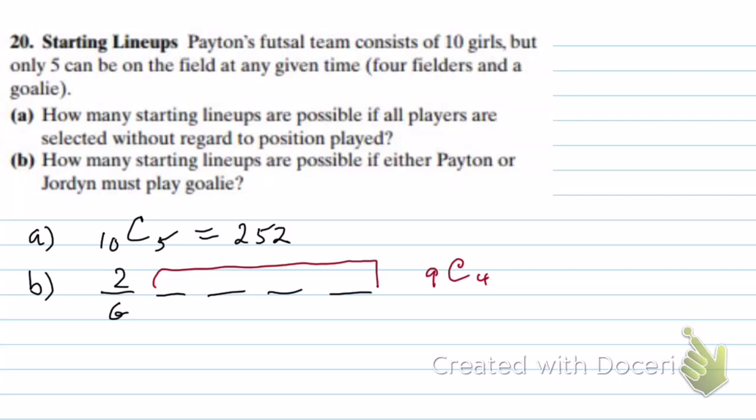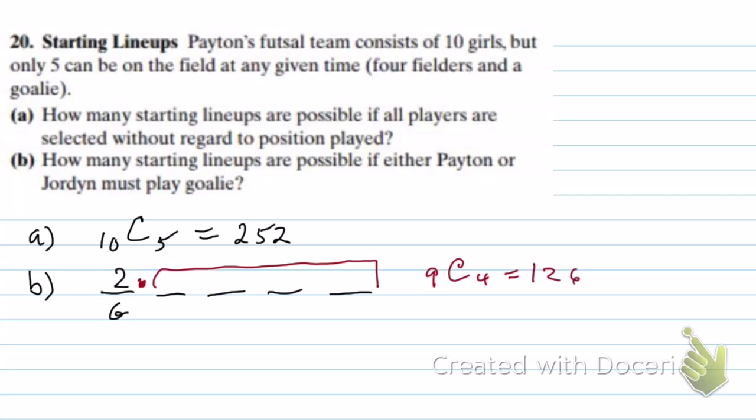Okay, so for goalie, we got 2 choices, either Peyton or Jordan. And then I'm going to multiply that times, once I've got the goalie, the 9 girls to choose from to get 4 out of that group. What's 9 combination 4? 126. Thank you.